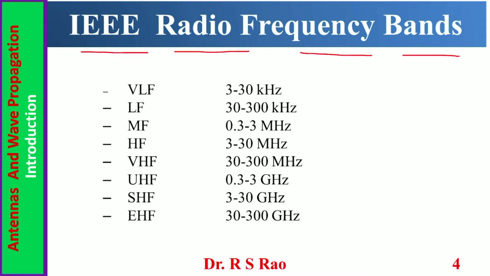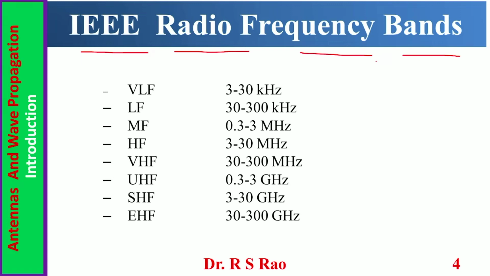Wireless and radio are synonyms. In wireless communication systems, information is transmitted from the transmitting antenna to the receiving antenna over a frequency. This frequency is called the operating frequency, or center frequency.